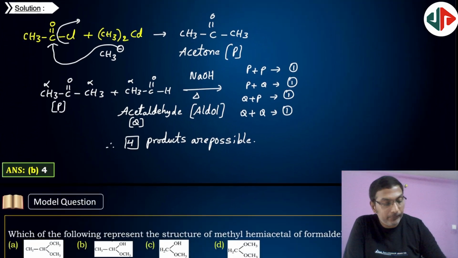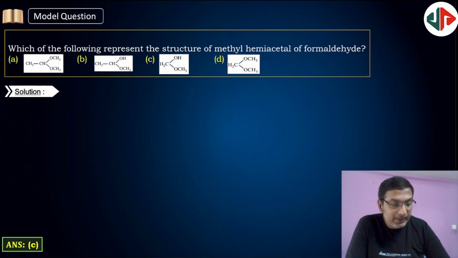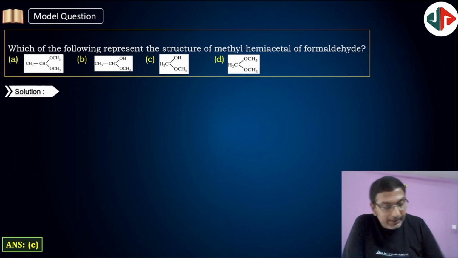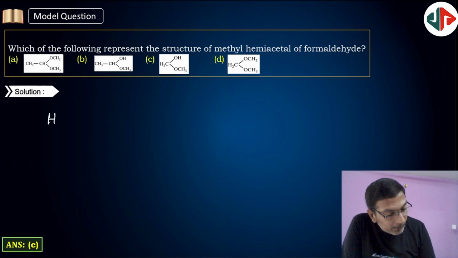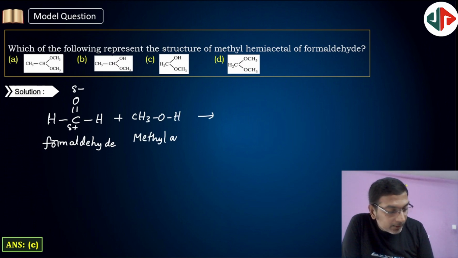Next. Which of the following represents the structure of methyl hemiacetal of formaldehyde? So this is formaldehyde, delta minus and delta plus. Take methyl alcohol, 1 mole of alcohol.